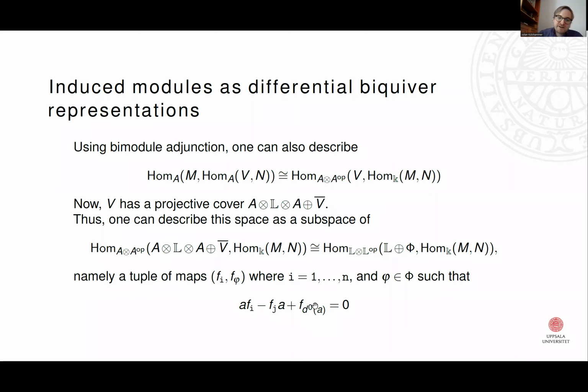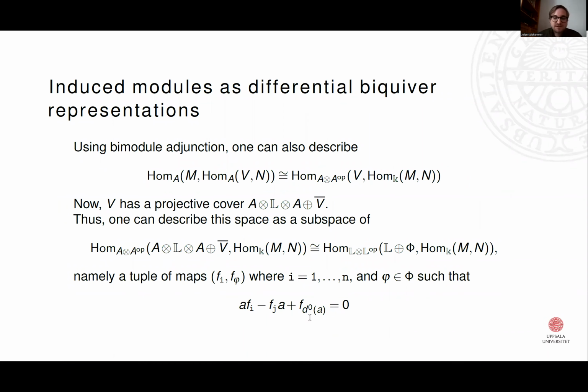So what does F evaluated at d0 of a mean? So d0 of a will be some element of V bar. And V bar is isomorphic to A tensor phi tensor A. And so you can just take the corresponding a's and F_i's and so on, and F_phi's.